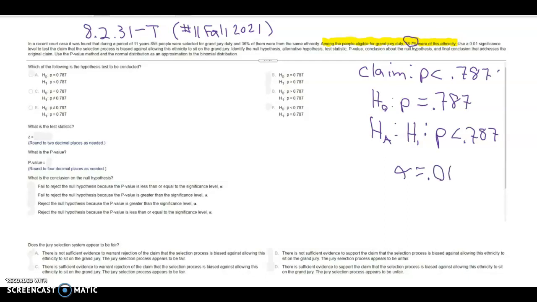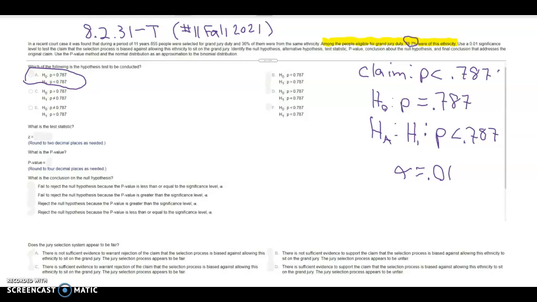So let's look over at our answer choices. Answer choice A has the null hypothesis as p equals 0.787, and the alternative hypothesis as p is less than 0.787, which is what we found. So the answer choice would be A.